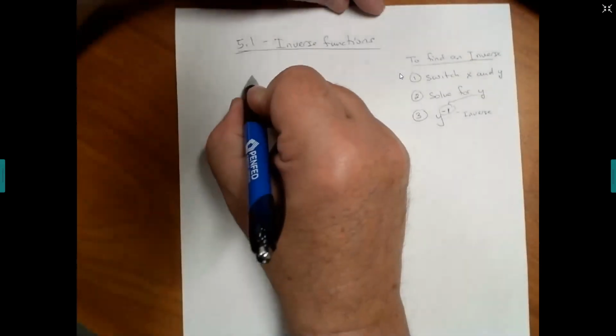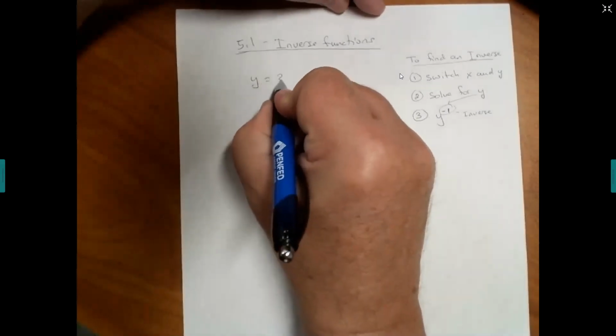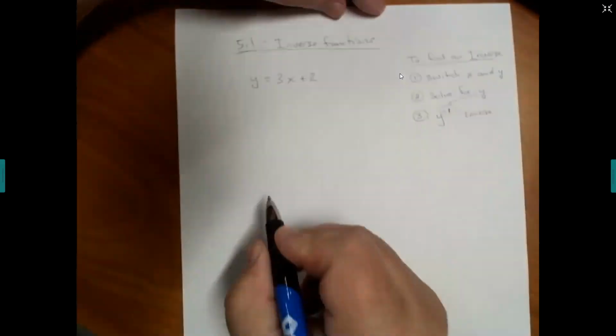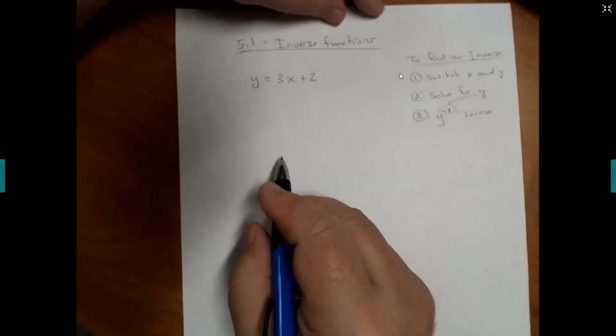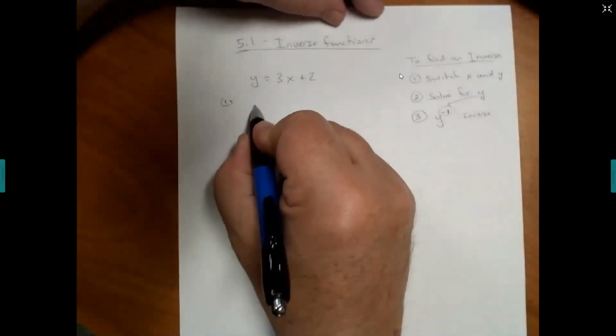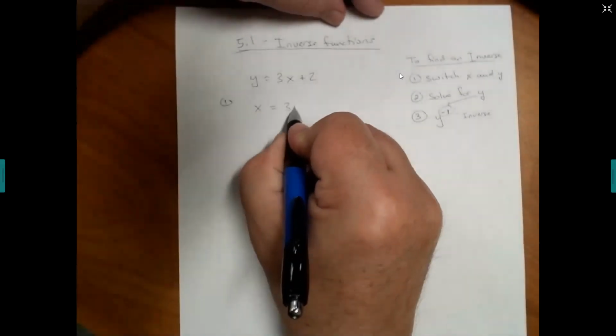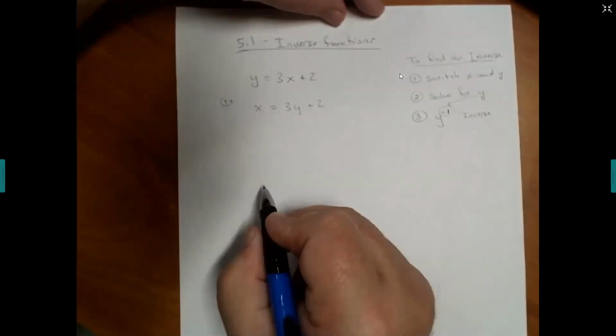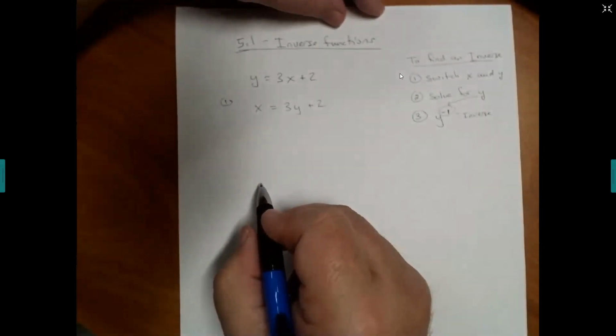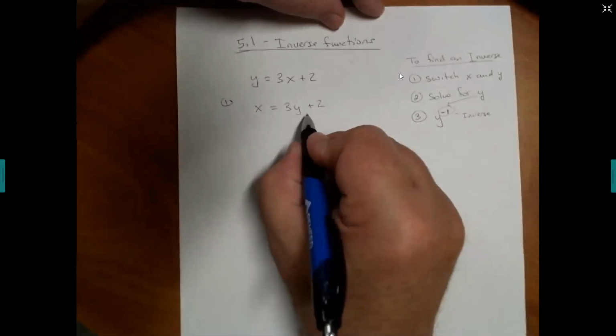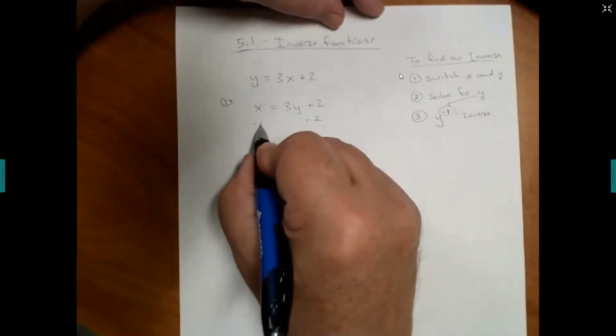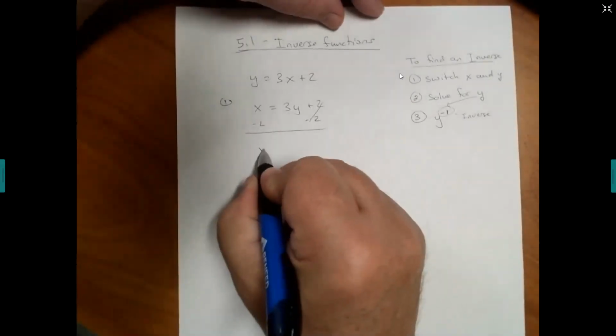So, for example, y equals 3x plus 2. To find the inverse, first step, switch x and y. Now solve for y. Subtract 2 from both sides.